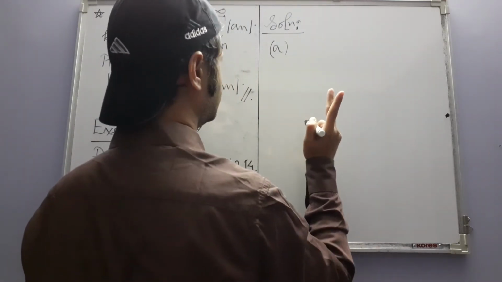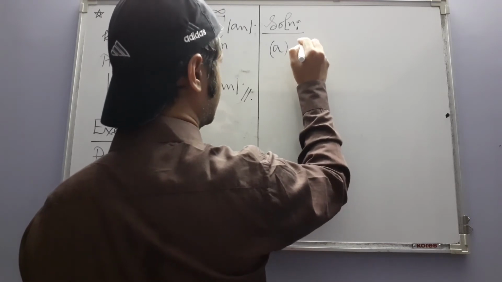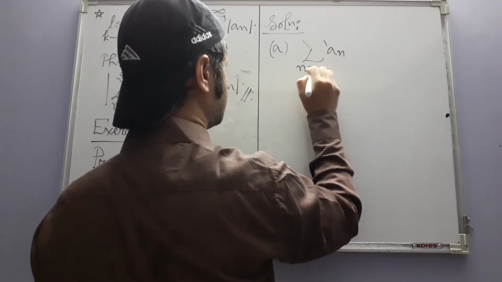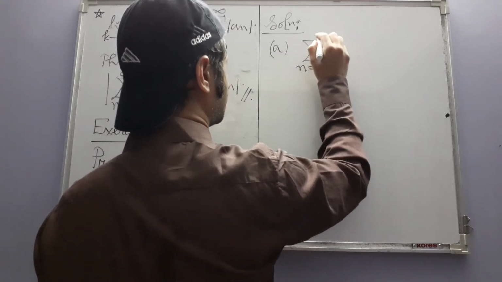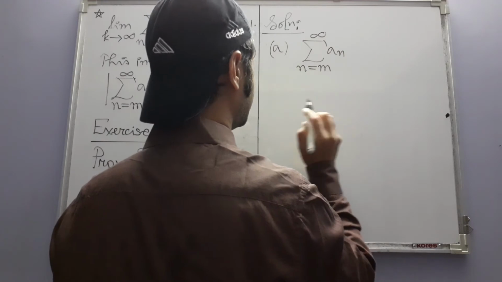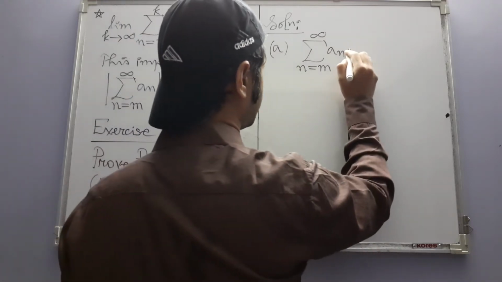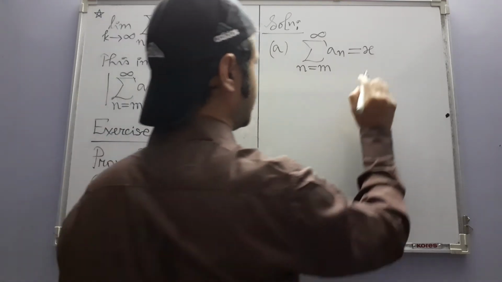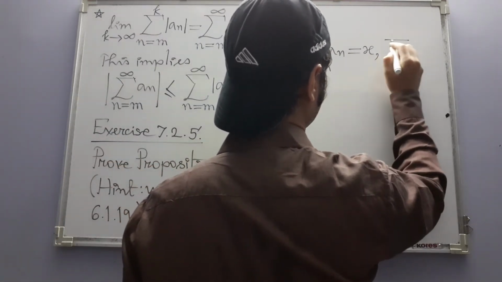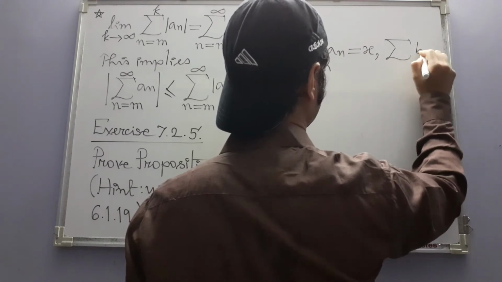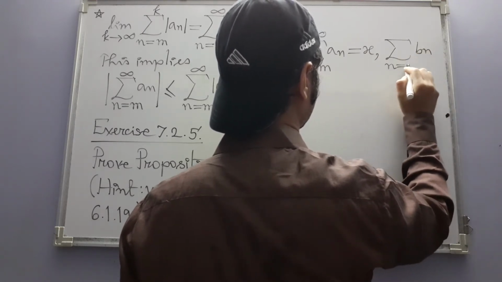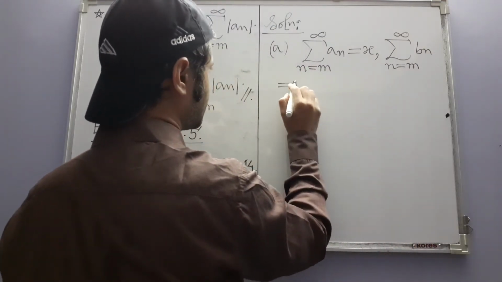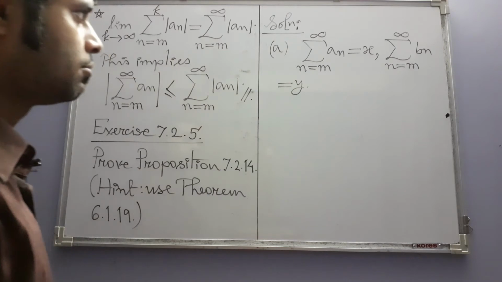We have two series here, two series of real numbers. One is summation a_n, n varies from m to infinity. This is a convergent series and its sum is the real number x. And there is another series, summation b_n, which is also convergent and its sum is the real number y.